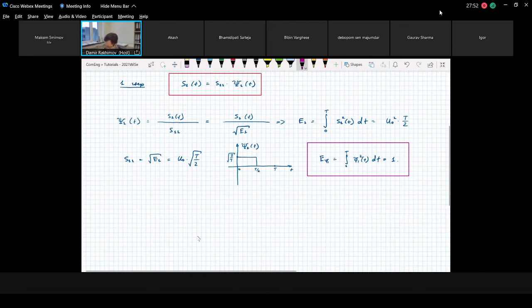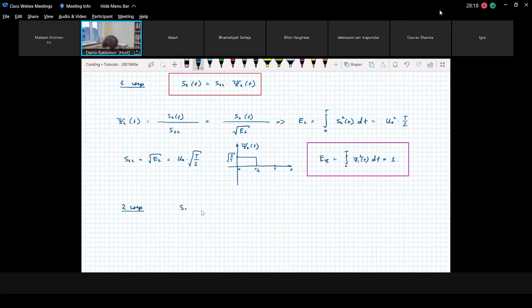Okay, so we have found the first basis function, and we see that it's nothing else than a pulse that goes from 0 to capital T over 2 and has amplitude 2 over capital T under the square root. This is the end of the first step, and we go to the second step. At the second step, we make the following assumption.